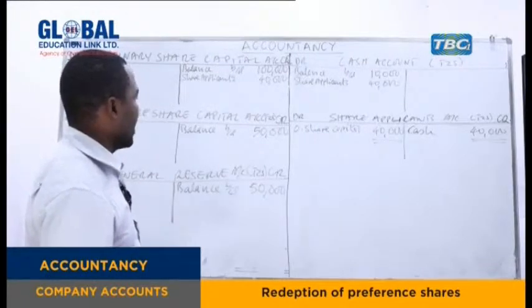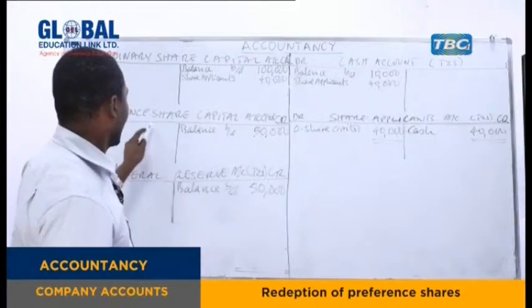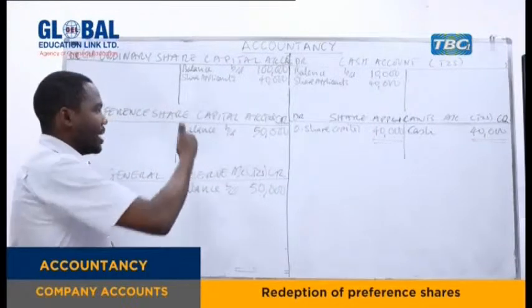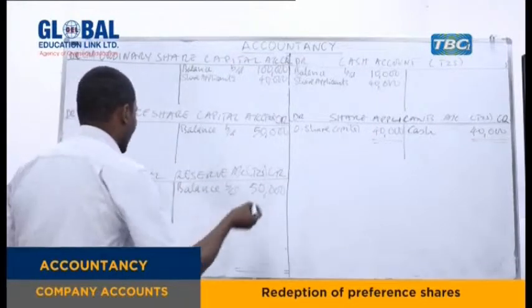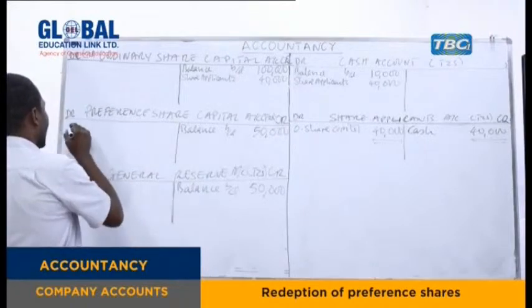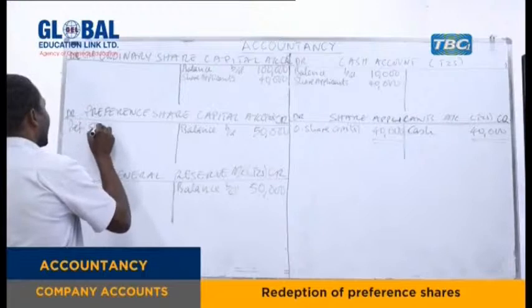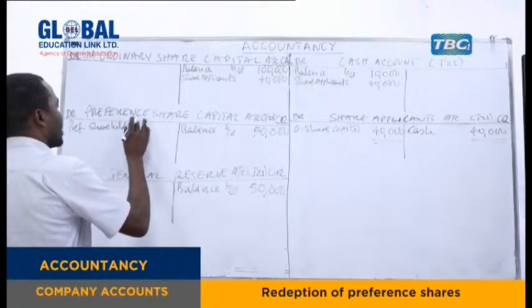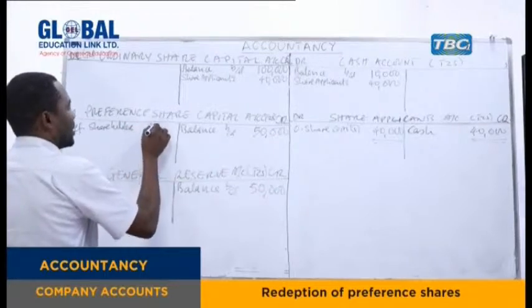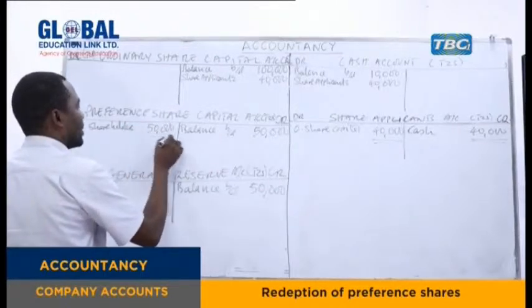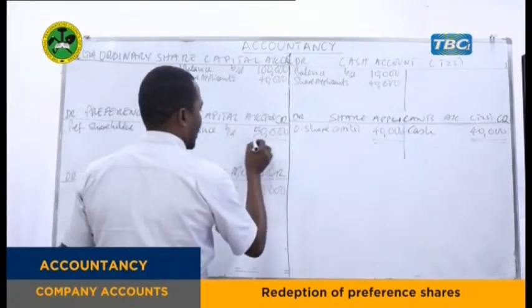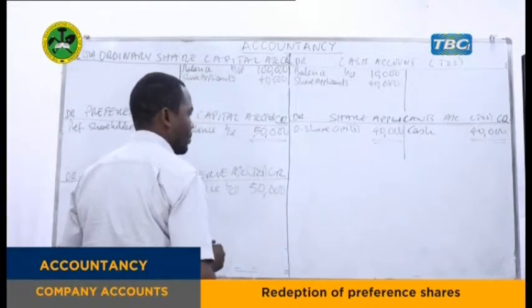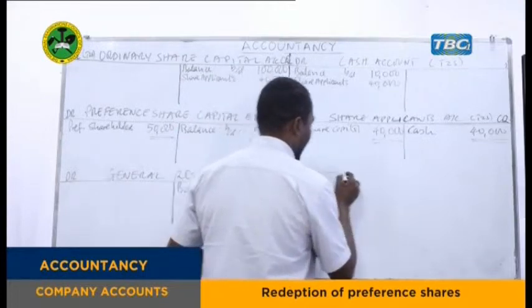What else do we do now? We redeem the preference shares. To redeem the preference shares, we derecognize them from the share capital, so by debiting this account, preference share capital, and crediting the preference shareholders account by 50. We recognize this won't again be part of share capital.